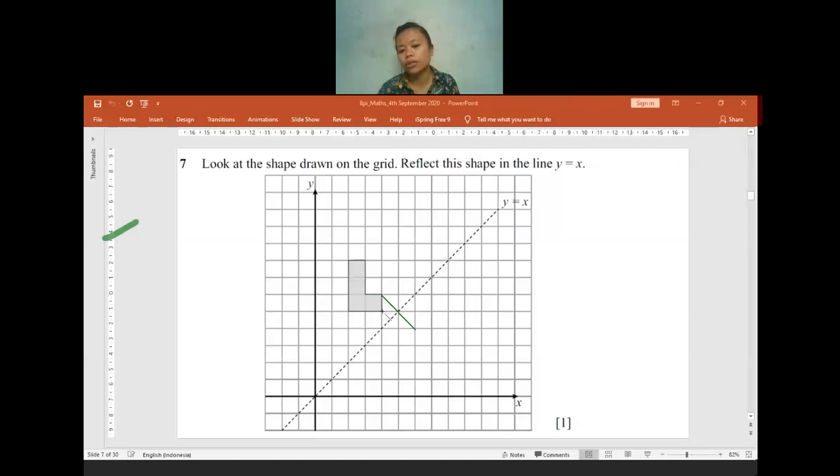It's only a half box, so it will stop at this place. For another point, it is 1.5, so I go 1.5 again and stop at this place. Do the same thing for all of the points. Later you can connect all of them.